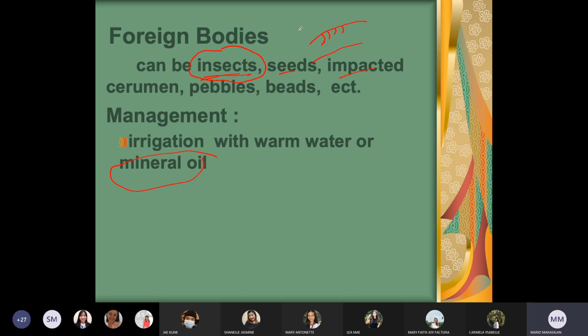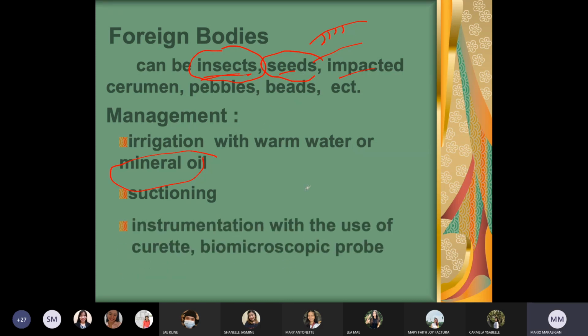Doon naman sa seeds, so kung ang suspect mo ay seeds, then prevent not to wet the seeds para hindi siya matubigan, mabasa. Kasi pag nabasa yan, magdadahon talaga siya. Okay, you can do suctioning also and instrumentations. Meron tayong mga instruments.